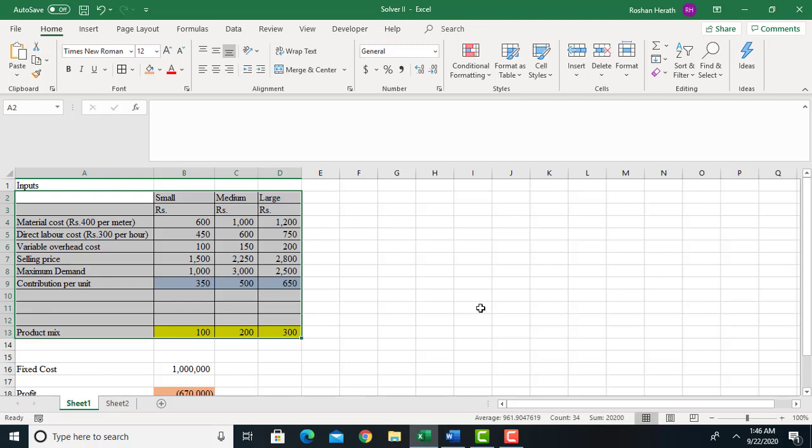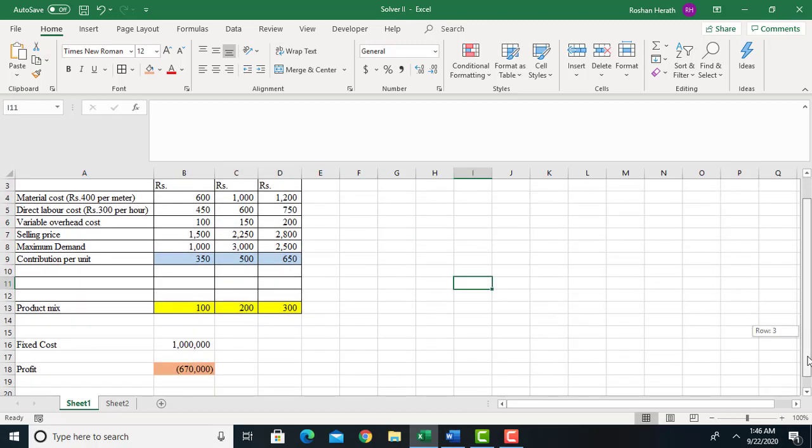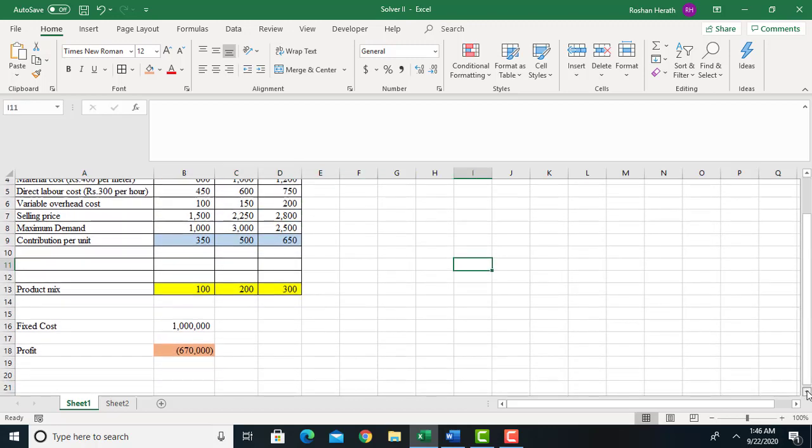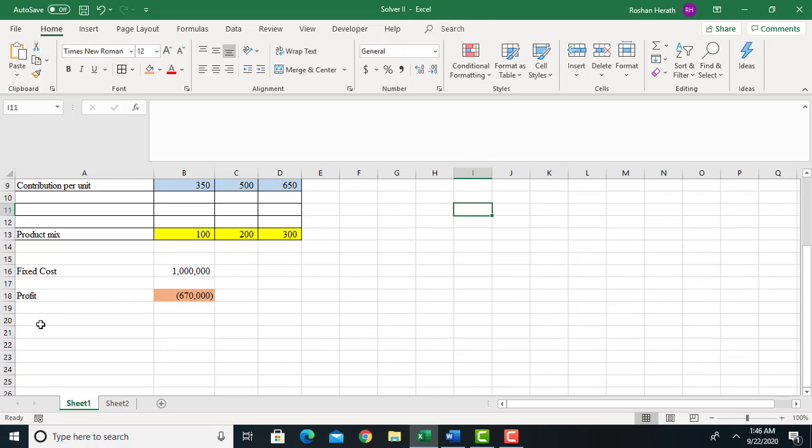And now it's time to take the constraints. We have taken some basic information. Now let's take the constraints.